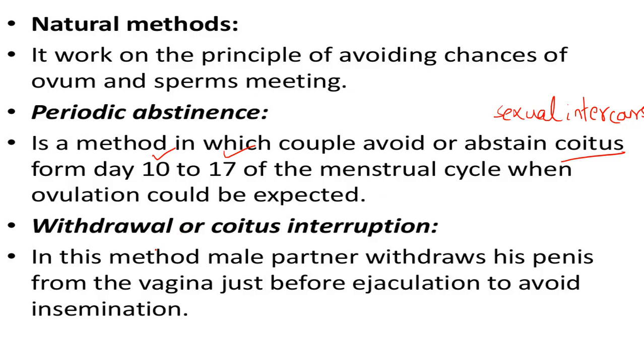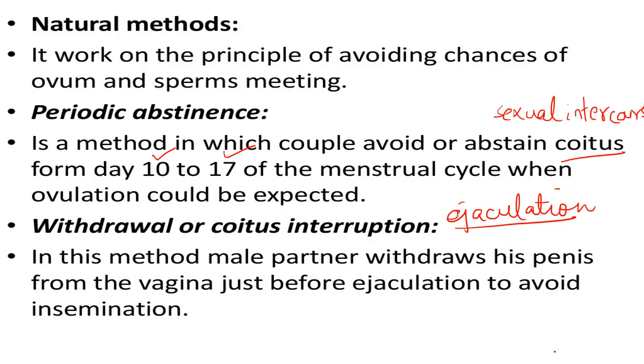In addition to this, there is withdrawal or coitus interruption, that is basically before ejaculation. I have explained in my earlier videos what is ejaculation. Ejaculation is when the male releases the semen out of his body. So when the male tends to ejaculate, if the male withdraws his penis, then he can ejaculate outside instead of inside the female reproductive system.